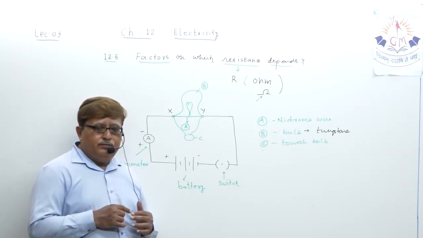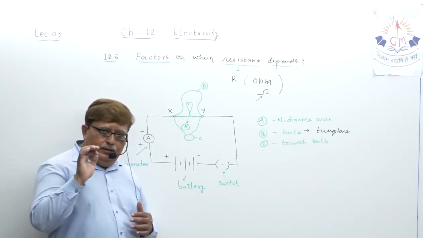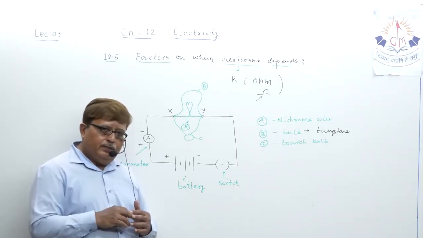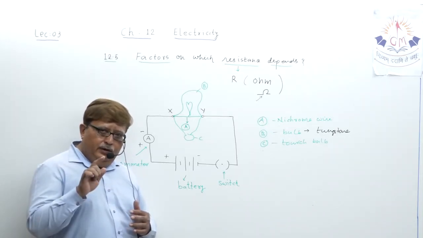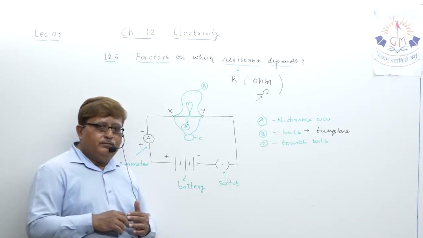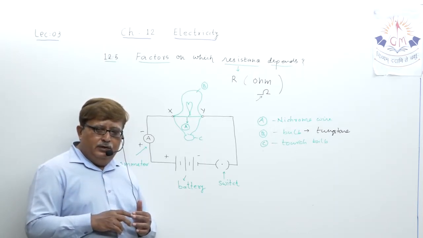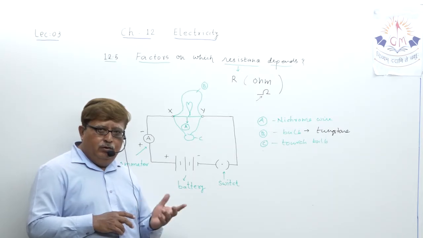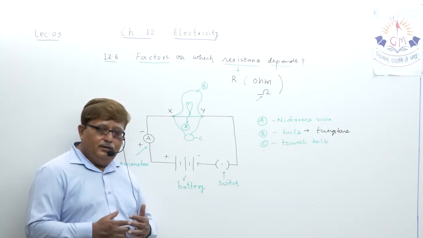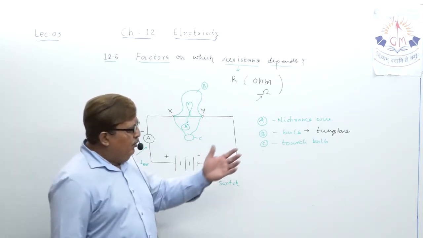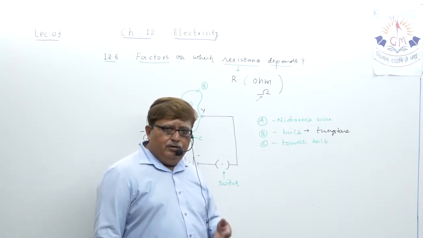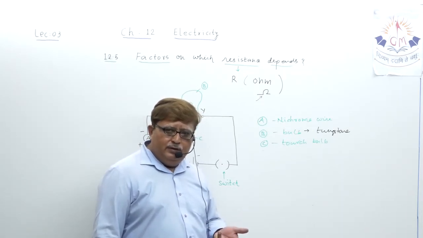Every time the reading of electric current in the ammeter showed variation. Sometimes the electric current was shown more, sometimes less. How can it happen? Why? Because ultimately all are different material wires inside, nichrome, tungsten, maybe other wire.